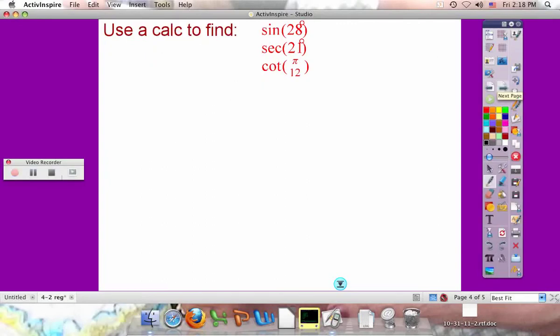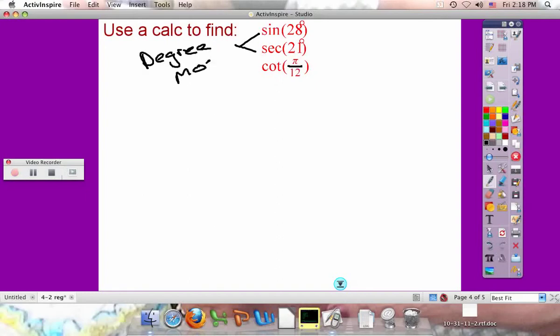So this one, we're going to use our calculator to do these, okay? This is nothing more than typing them on your calculator and come up with the exact answer. So you're going to type in the sine of 28 degrees on your calculator and get a precise answer, nothing else. Please make sure you're in degree mode for these two.